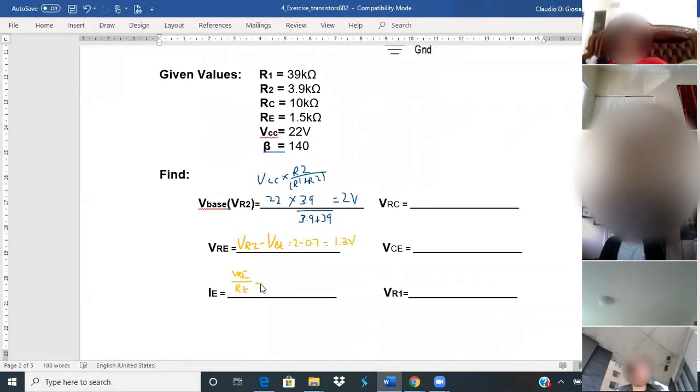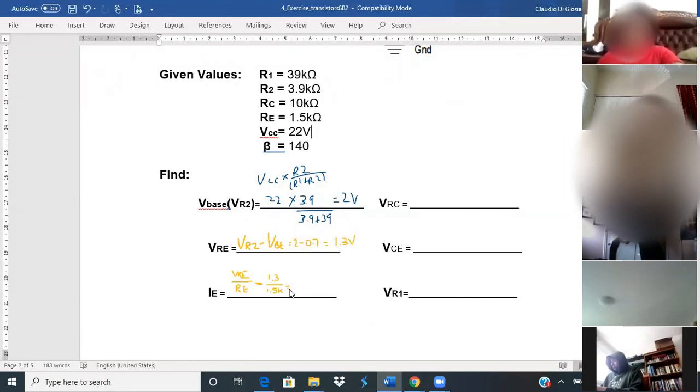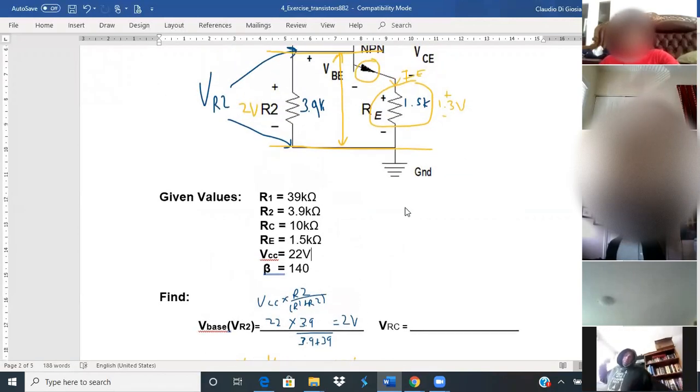So we have 1.3 over RE of 1.5K. 1.3 divided by 1,500 is 866.667 microamps. So that's IE. So that's the current right here.